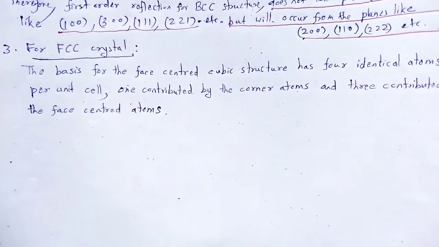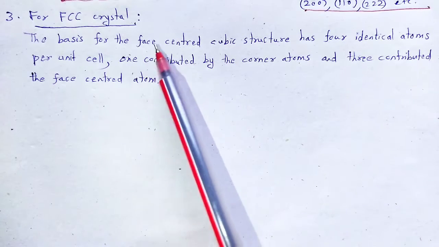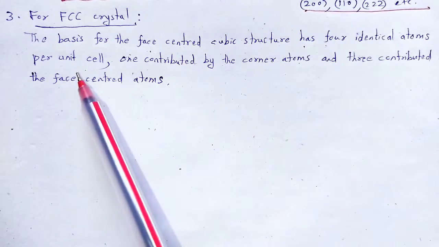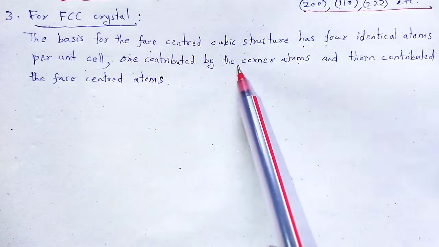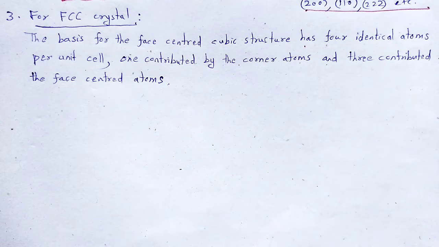Next, for face centered cubic crystal structure, the basis has 4 identical atoms per unit cell, 1 contributed by the corner atoms and 3 contributed by the face centered atoms.